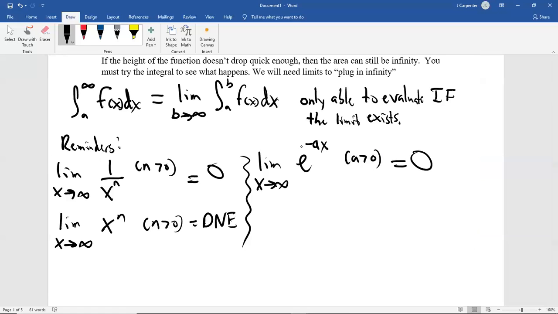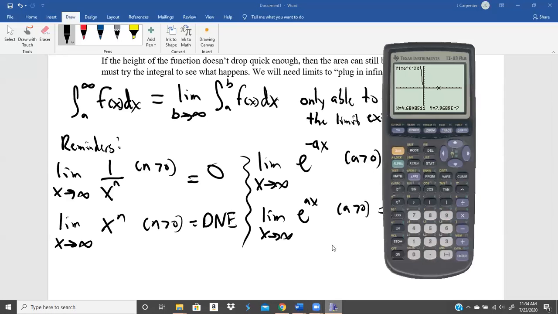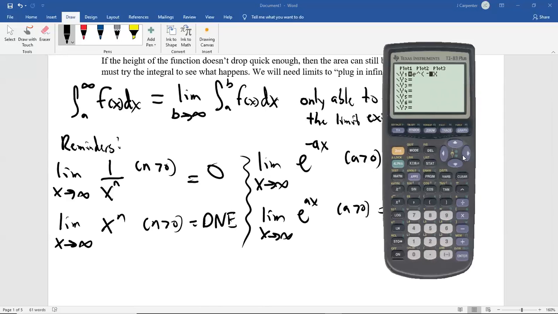But what if there wasn't that negative there? So we're going to keep the a positive still. If this was a positive number, so now the exponent is ultimately positive, I can just delete the negative. This should be exponential growth, which we should all be familiar with. And this thing grows up and up and up, and if you trace it, by the time we're at 2, it's already at 312.